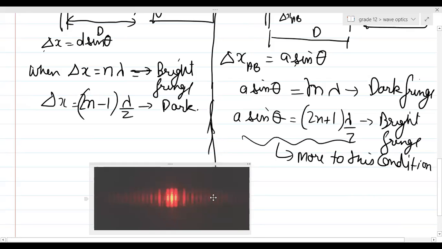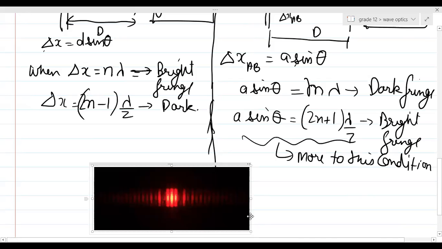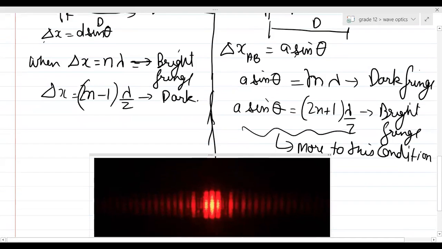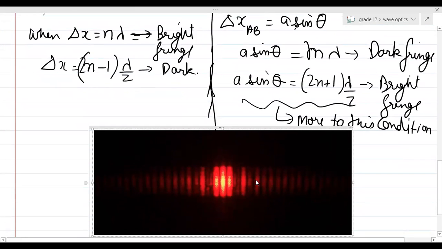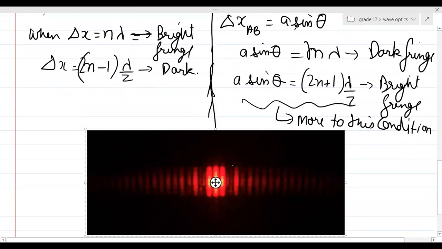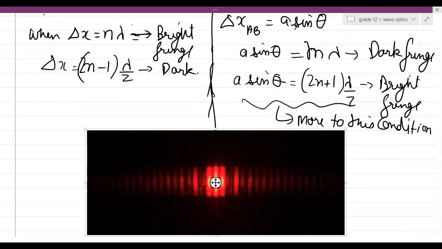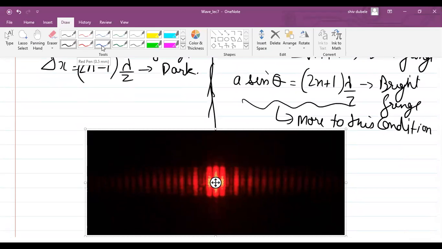Yes, guys, are you able to see this image? Yes, sir. Please see in this particular thing what is the diffraction phenomenon and what is the pattern.